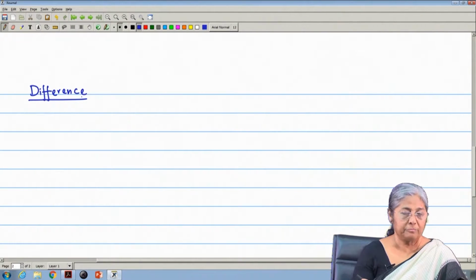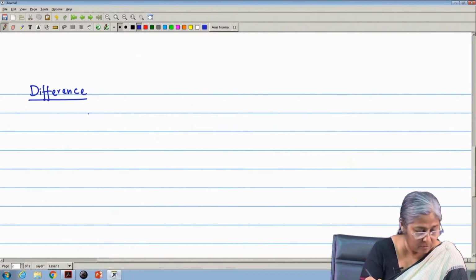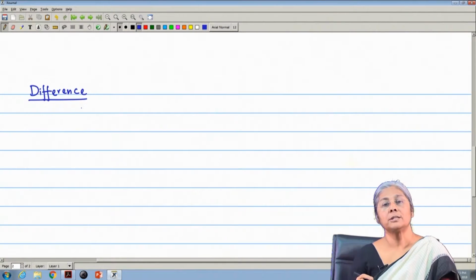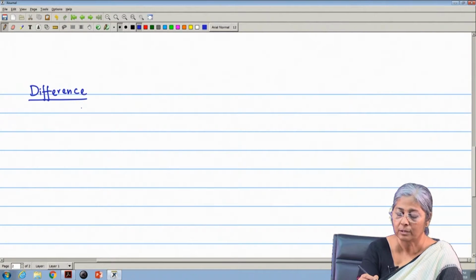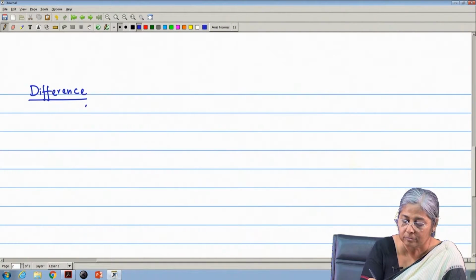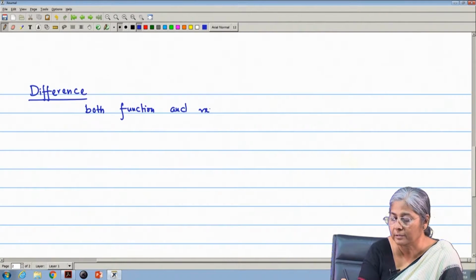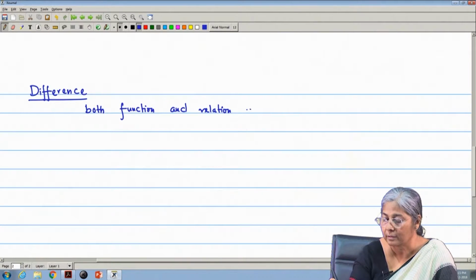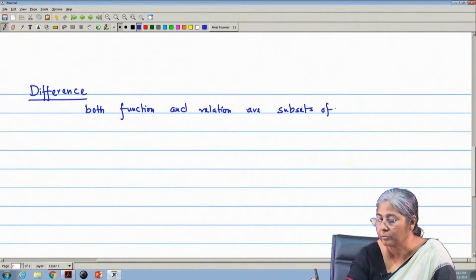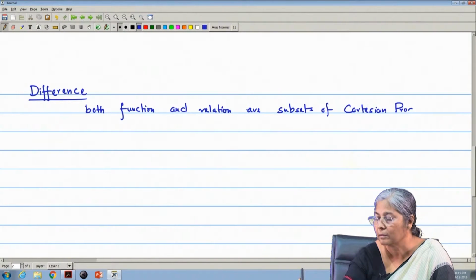Both function and relation are subsets of the Cartesian product X cross Y.